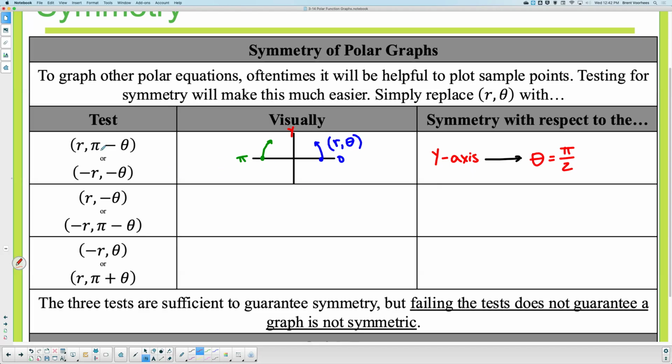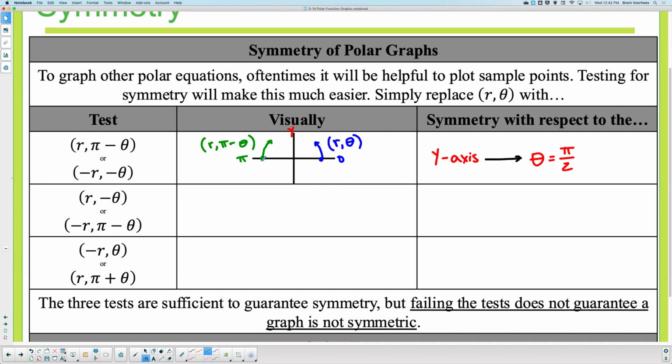Both of these two cases mean the same thing. You could write it this way, r pi minus theta, because that means you still have the same r value, the same distance away from the origin. Start at pi, move against the clock. Or this one says you start at the same location, but instead of moving up, you go down, and as you go down, your r is opposite, so you're straight across.